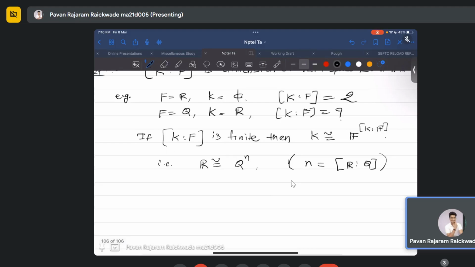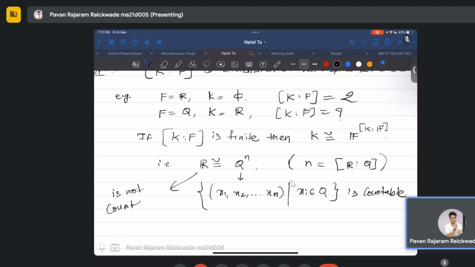But is it true? No, because here you have the tuples (a1, ..., an). Rationals are countable, and a finite product of rationals is again countable, and R is not countable.